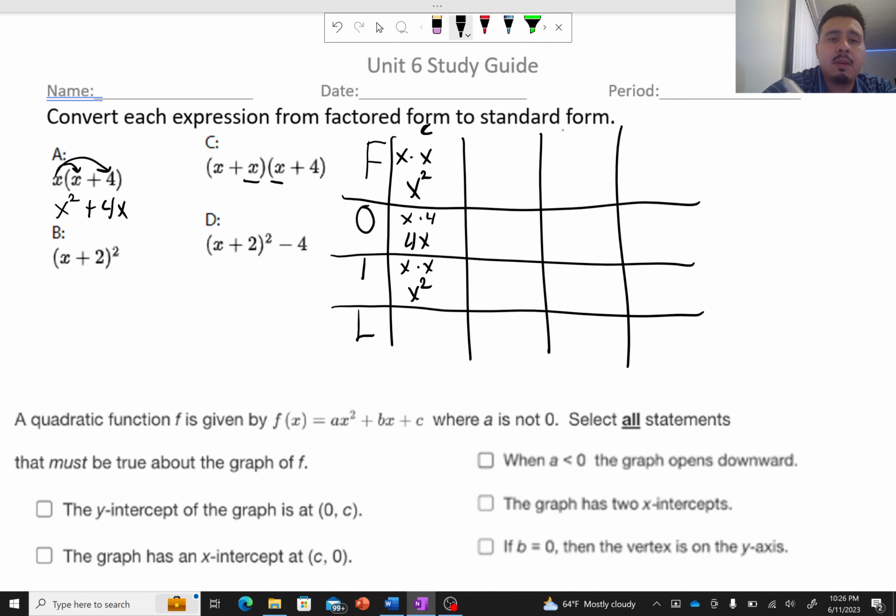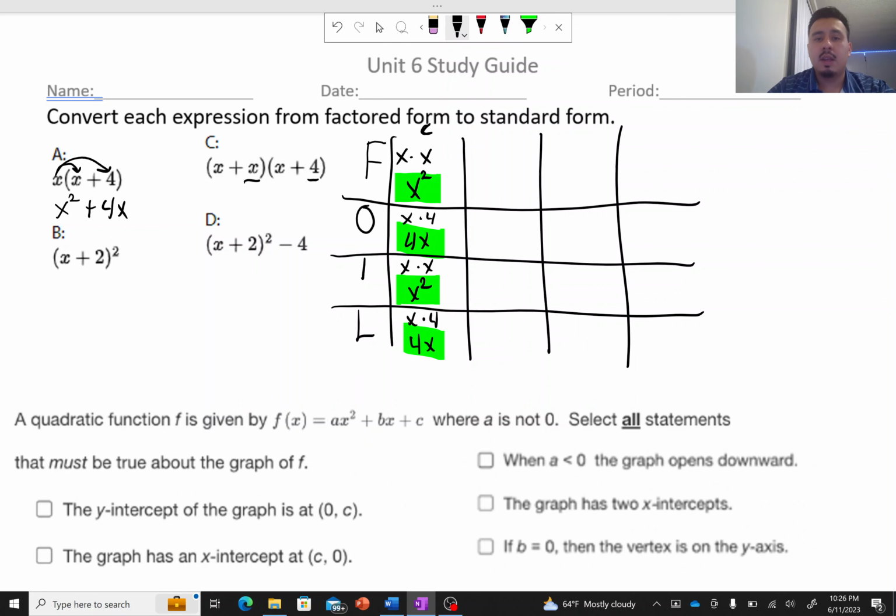And next up, the last terms. The last terms would be x times 4, which would be 4x. Sorry, let me keep doing it the same way so you're not confused. X times 4, which would give me 4x. Perfect. Now I have to take these terms and add them together.